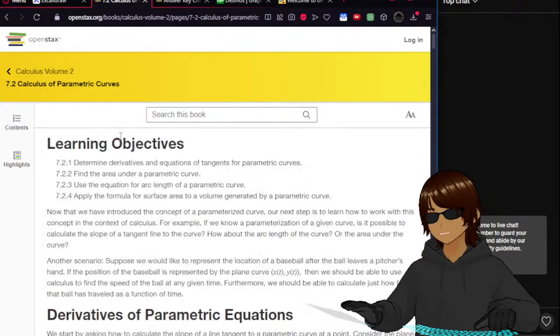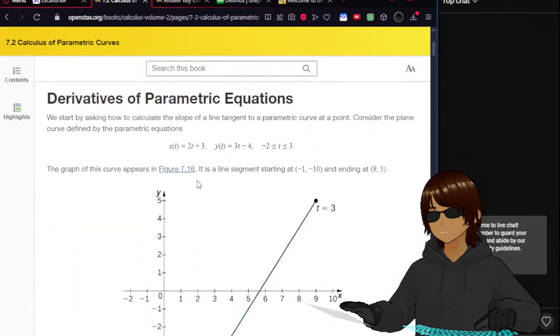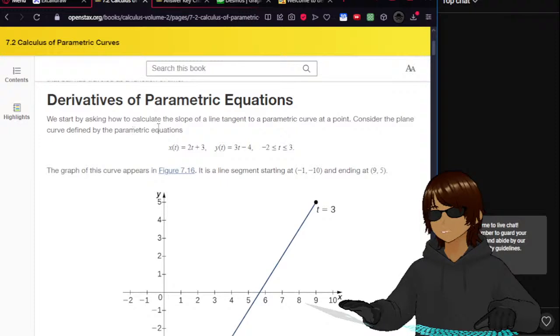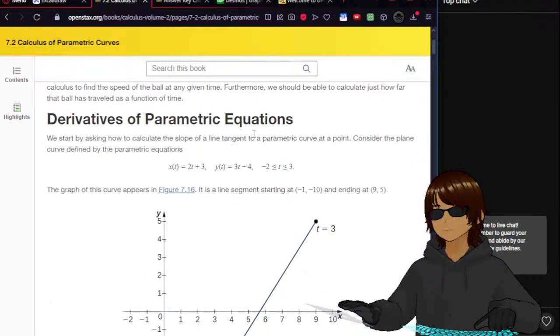Calculus of parametric curves. We start by asking how to calculate the slope of a line. Wait, should I read the introduction? Nah, never mind.